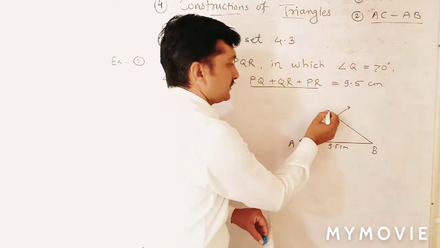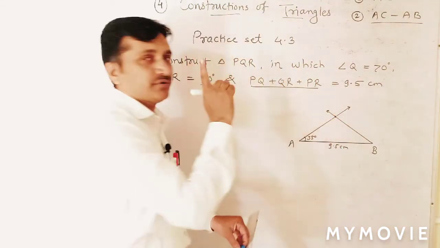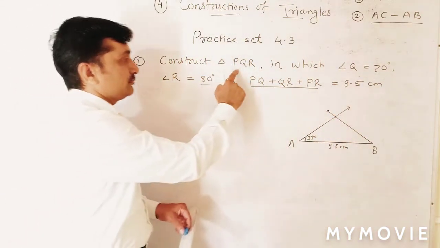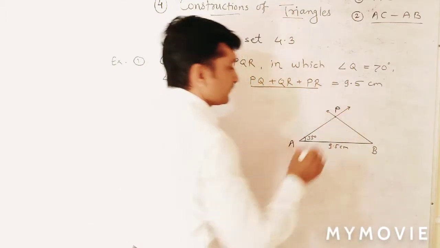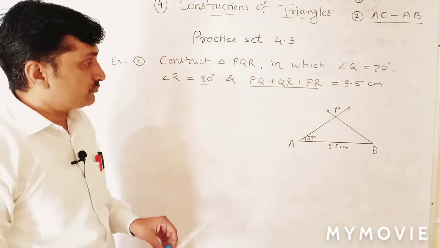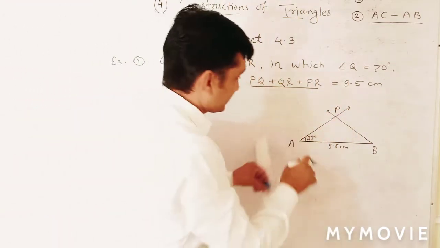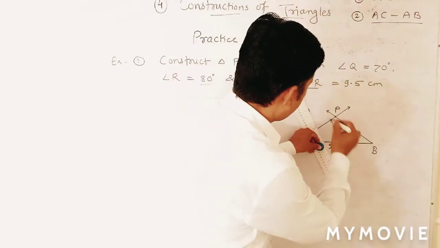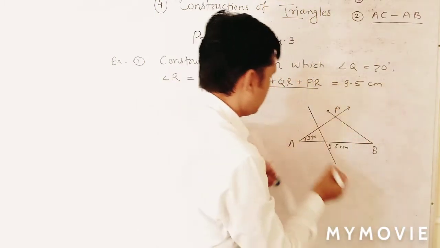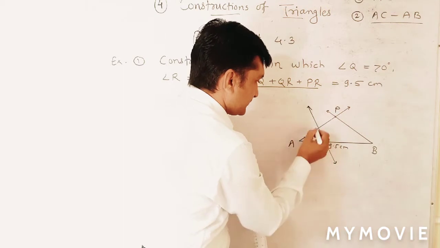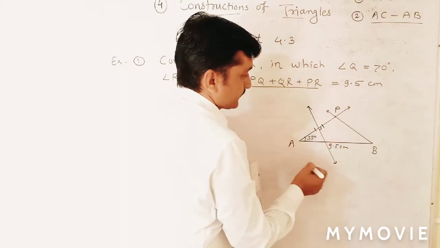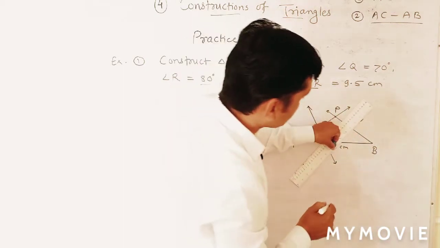Both are intersecting at this point, and this is the first vertex of our triangle PQR. This is point P. After that, what will we do? We have to bisect PA now. Draw the perpendicular bisector roughly here, and of PB also.